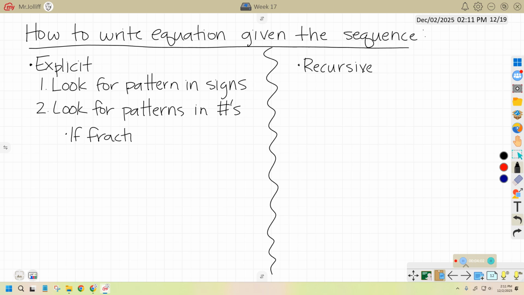If they are fractions, you are going to look at the numerators and the denominators separately. There may be different patterns for the top and the bottom. Very first thing we do is we're looking for all of the possible patterns that we can see, first in the sign, then in the numbers. What patterns do I spot?